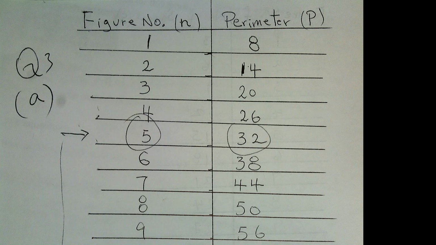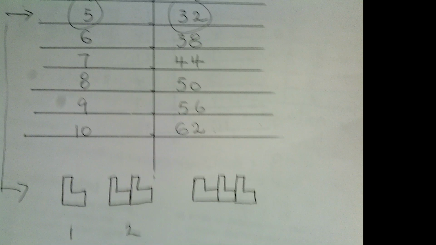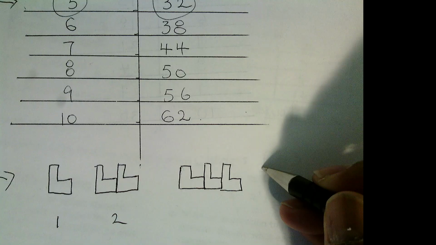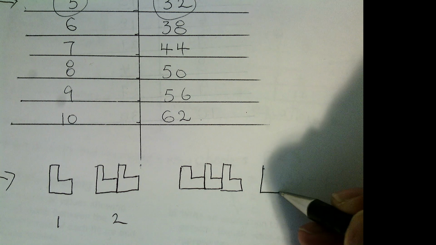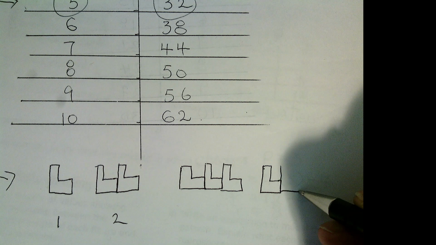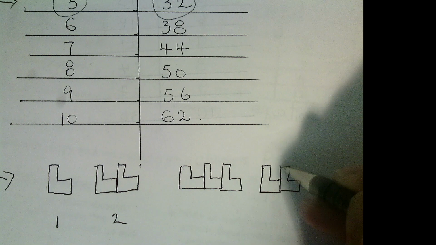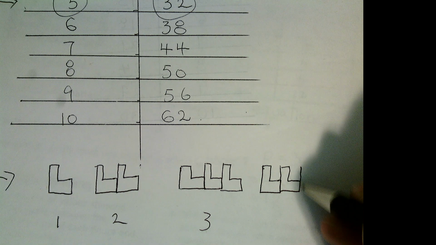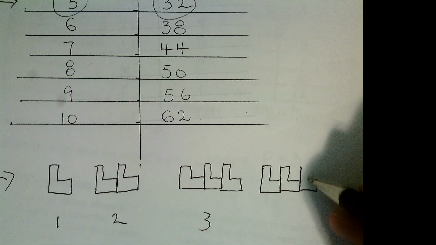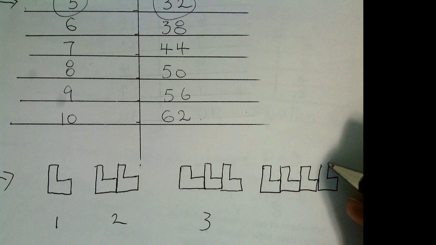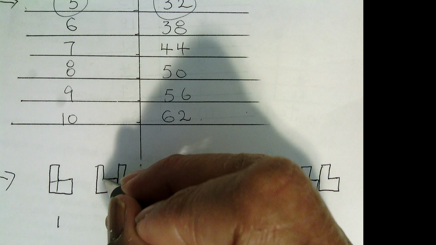Three. Okay, diagram number 5: 1, 2, 3, and then 4. That's diagram number 4. Diagram number 3, 1, 2, 3, is given by the question. So now the missing line.